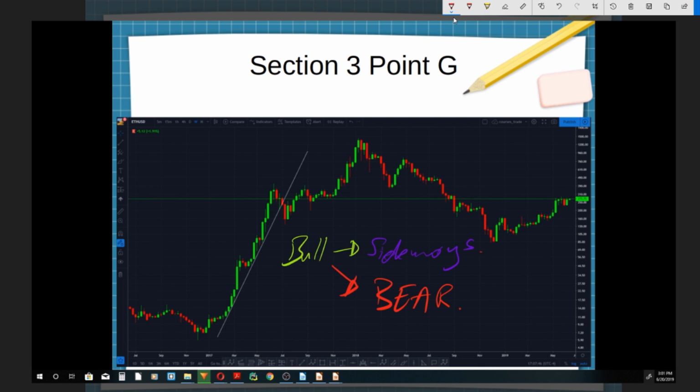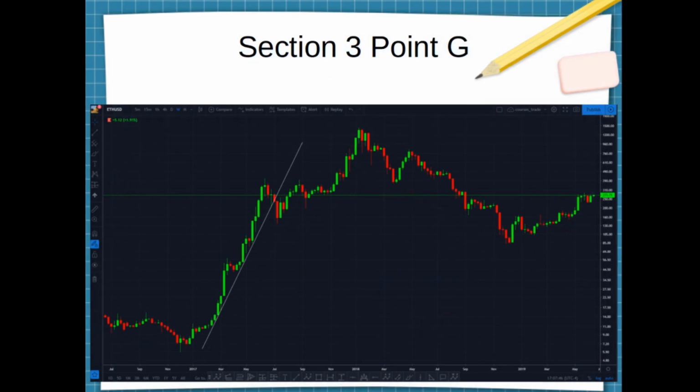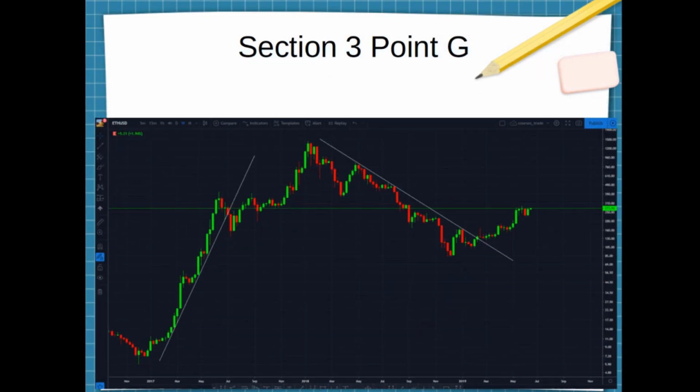Now I'm going to use the same image and we're going to do another one. Okay, now same chart, Ethereum US dollar, weekly time frame. That's the reason why I'm using the white lines, and this is a downtrend line.